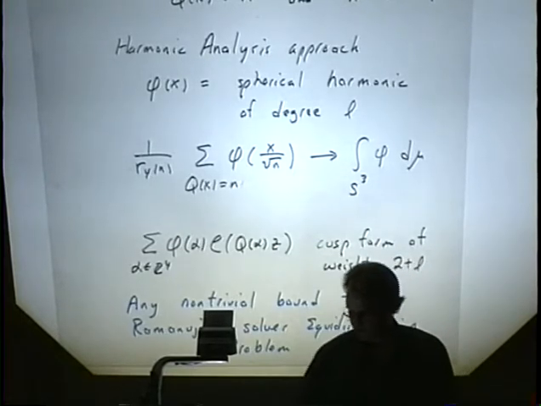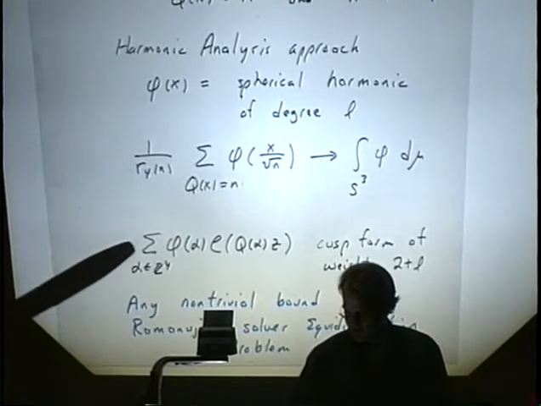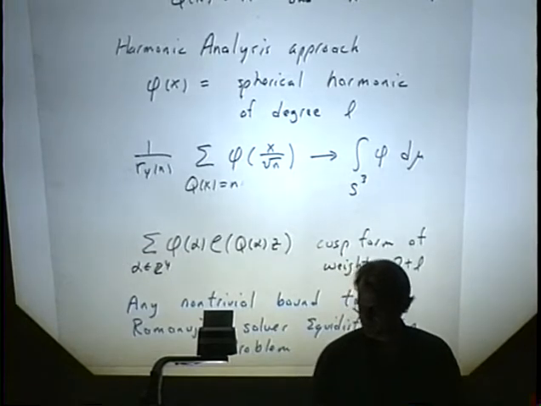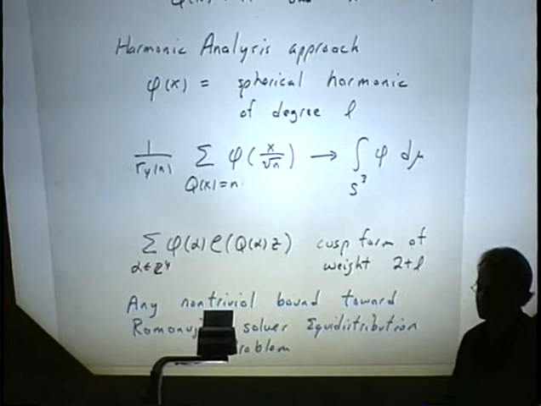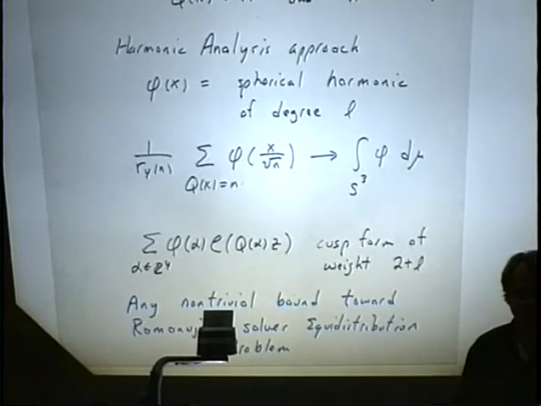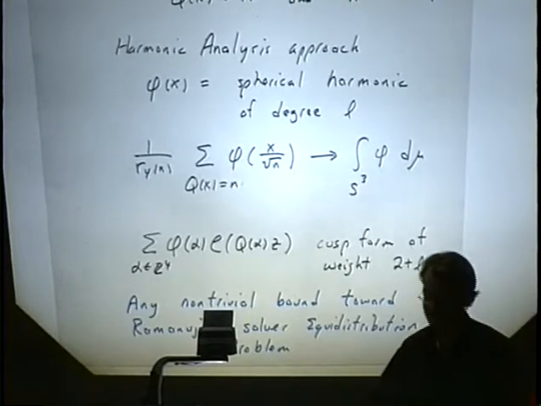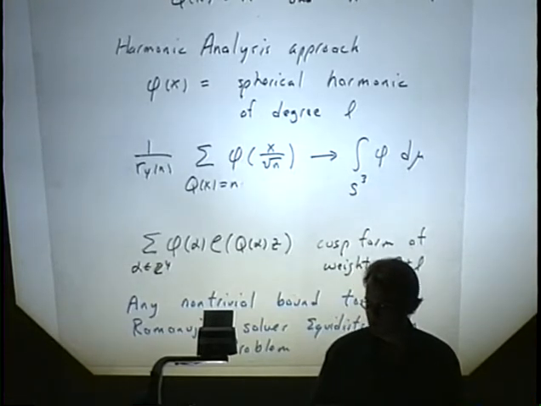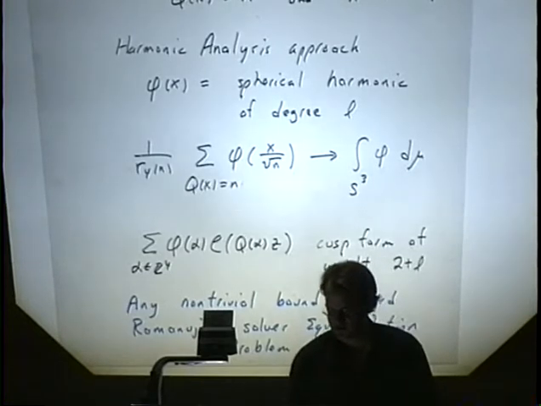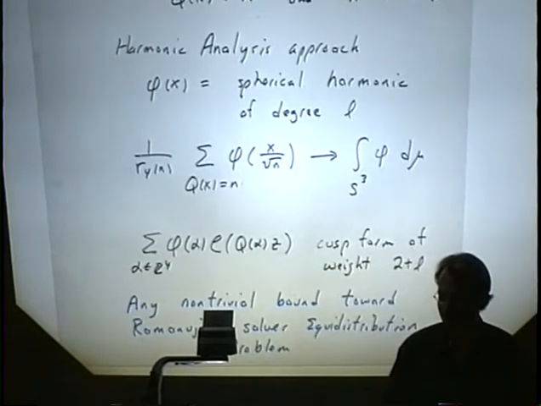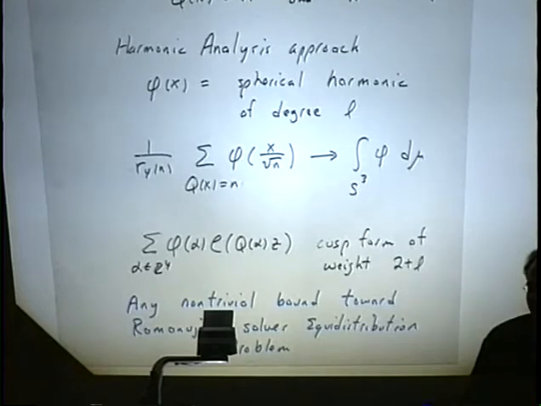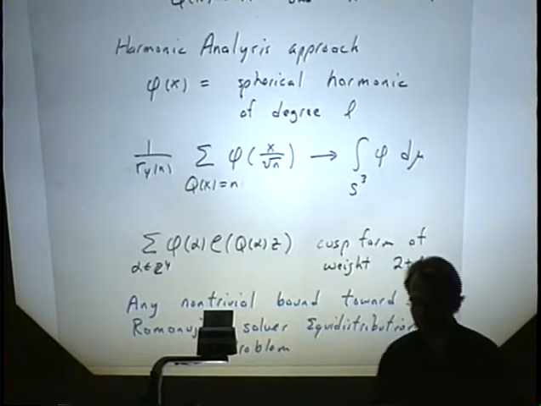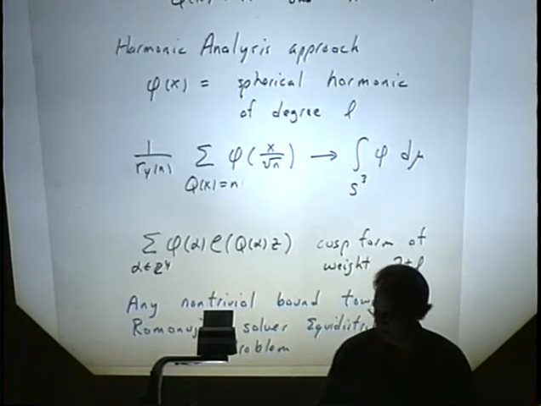And then for another thing, if we make the analog of the theta function with these harmonic functions as the coefficient, then that's actually still a cusp form. Or that's a modular form. And in fact, it's a cusp form if the degree of the spherical harmonic is bigger than 0. So a spherical harmonic in this case is simply a homogeneous polynomial, which is a harmonic polynomial. Those give you the harmonic analysis on the sphere.